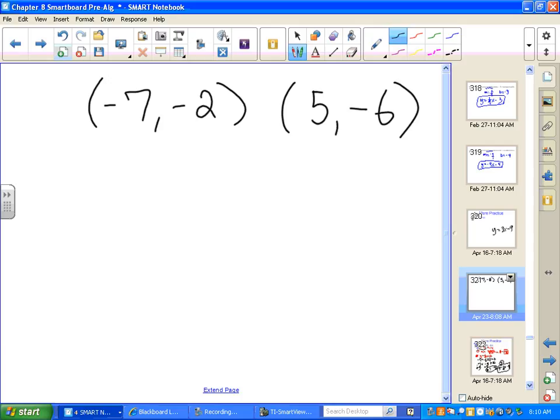Donatus, are you thinking? Okay. Good, you got it. Good job. B's not right. Actually, where's your slope? Your slope's not right either.